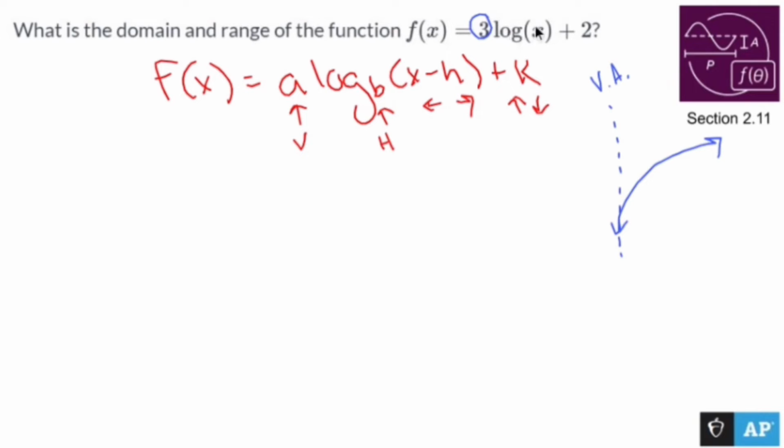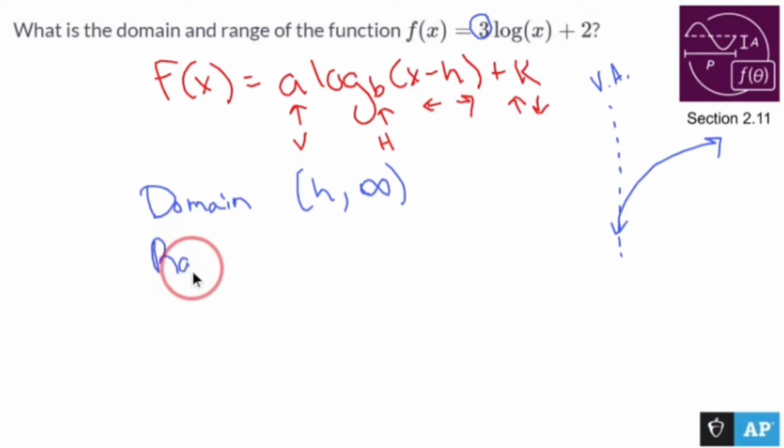Well, you're not allowed to take the log of a negative or a 0. So at some point, x or whatever is in the parentheses has to be positive. So your domain would be h to infinity, not including h, because this is your brick wall and you're allowed to go all the way to the right.